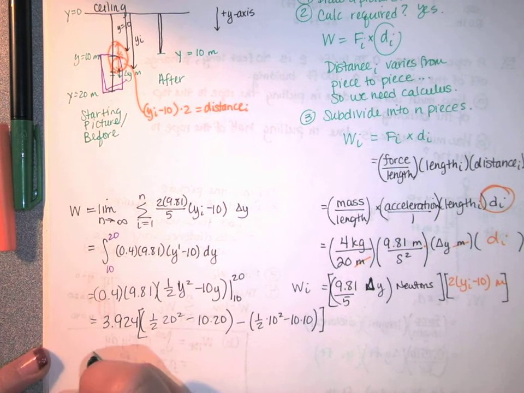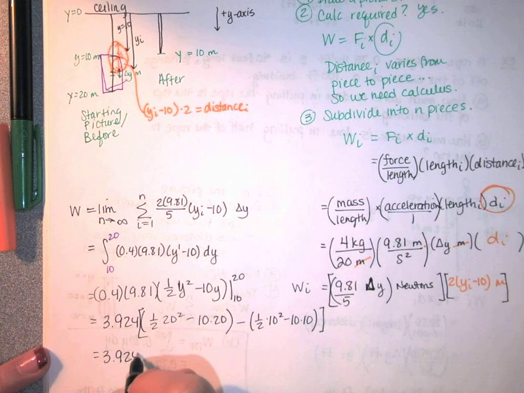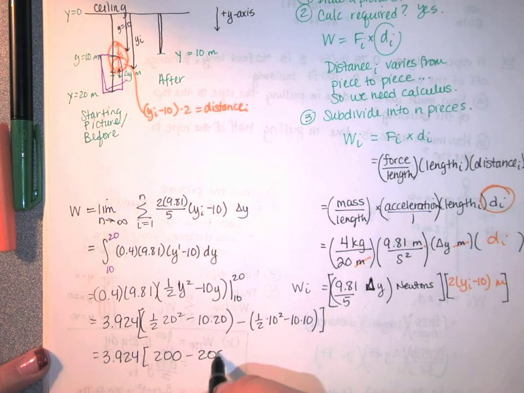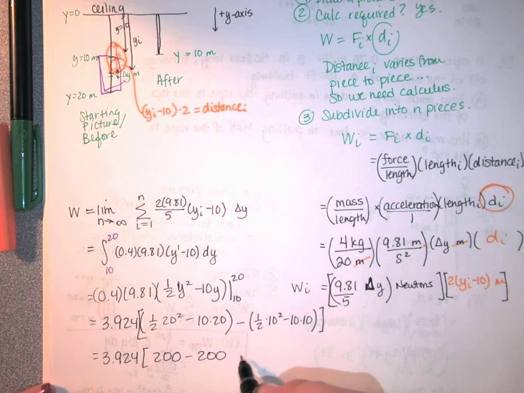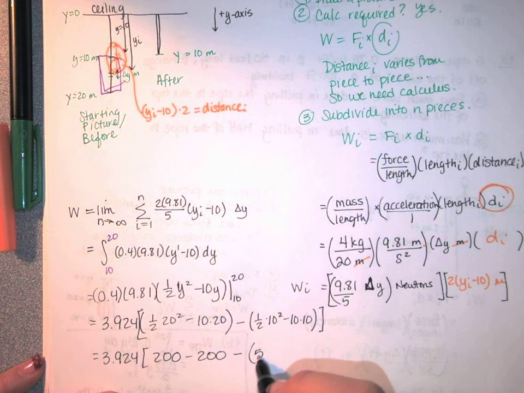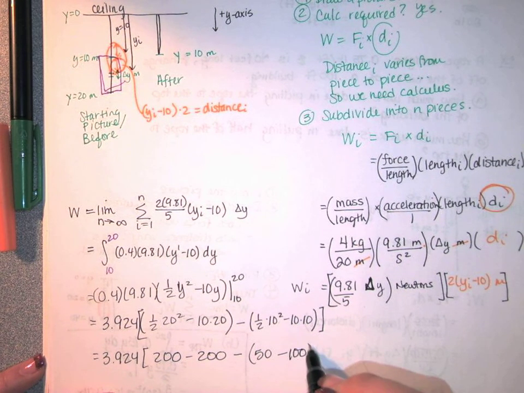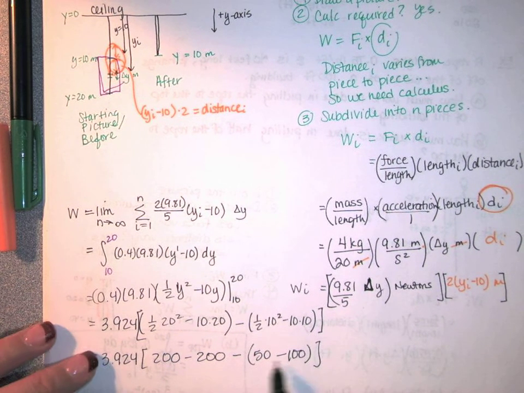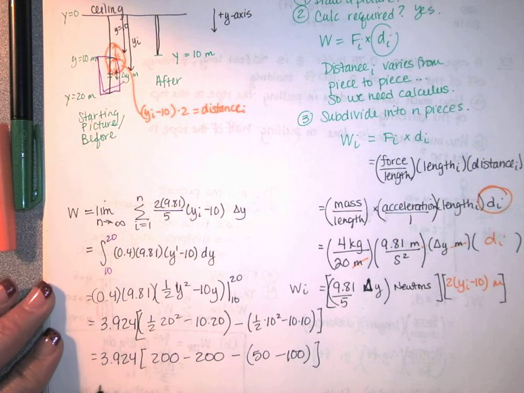So that's 400. Half of 400 is 200. We've got 200 minus 200 there. So that's 0. And then over here I've got 100 times 1/2 is 50, and I'm subtracting 100 from that. So I have a negative 50 times a negative 1 is positive 50.